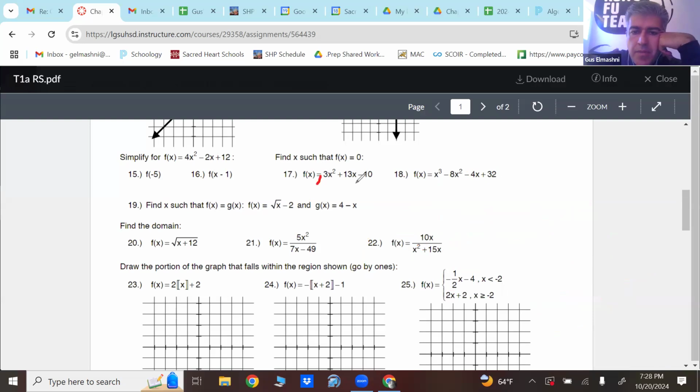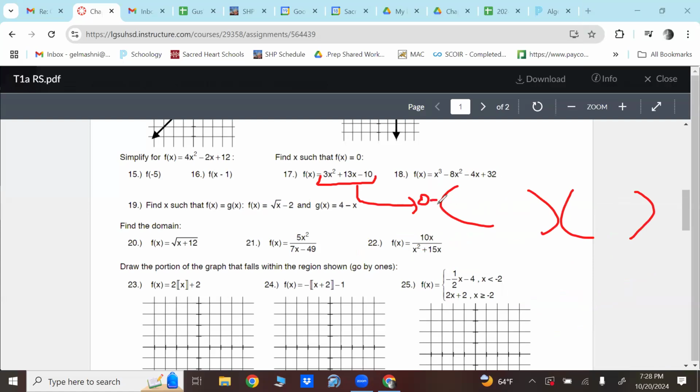And then this should be factorable. Go ahead and factor that. -2 and 15.